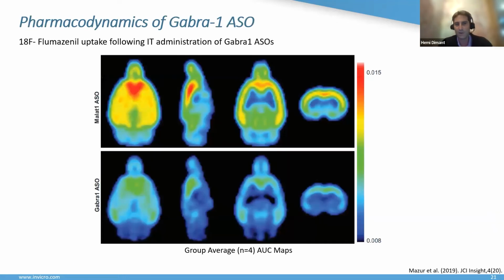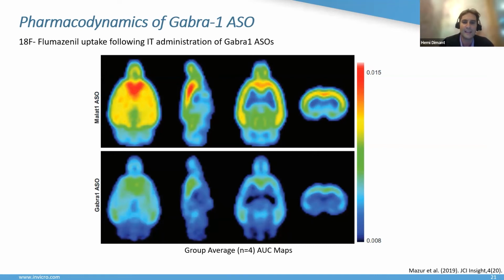Another thing we did here was also a PD, a pharmacodynamic study, using a PET tracer for GABA. The ASO here is a GABA knockdown. Flumazenil is a GABA tracer.